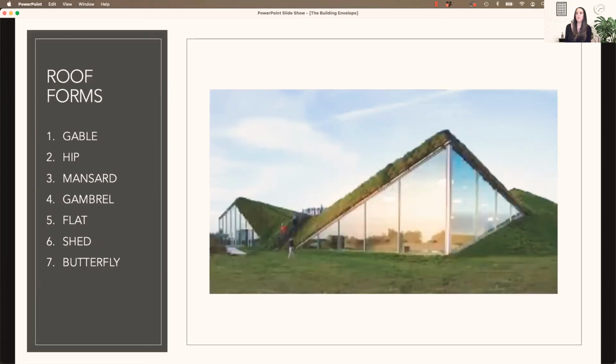So I think what we'll do is we'll do gable and hip for group 1, mansard and gambrel for group 2, and then these last 3, flat, shed, and butterfly for group 3. So I'm going to make 3 breakout groups, and I'm just going to let it assign you randomly.